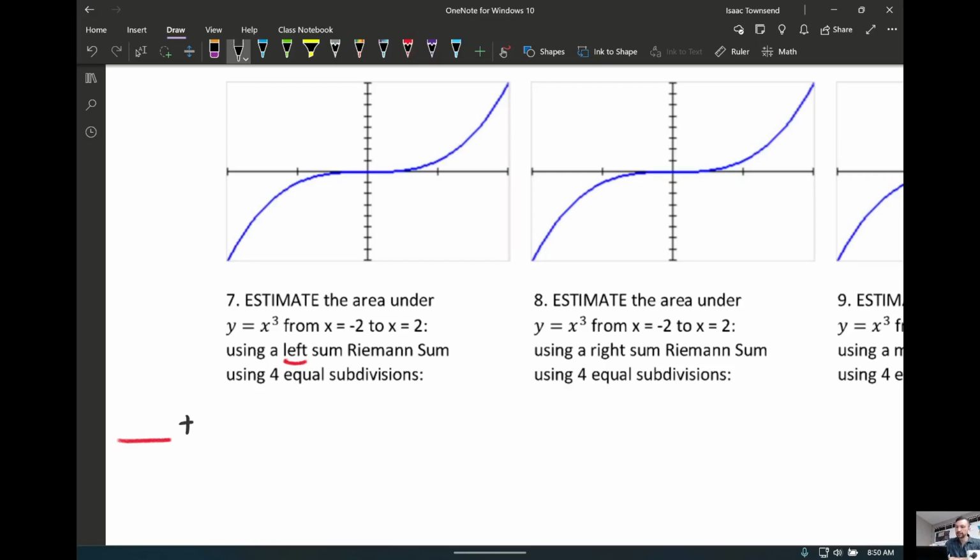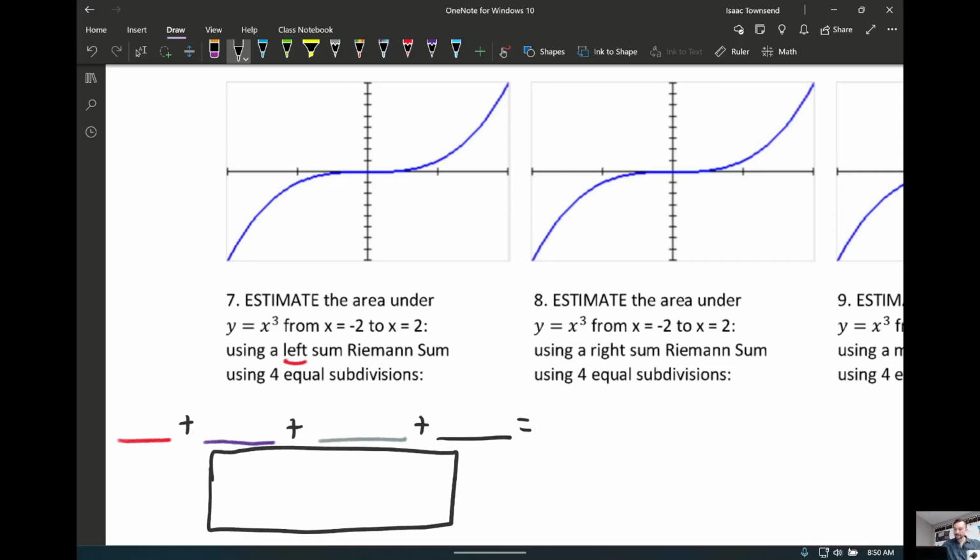Make corrections if need be. And then we'll do guided practice on the next two also. One for right Riemann sum, one for midpoint Riemann sum.